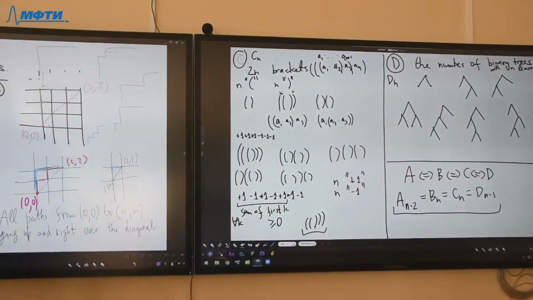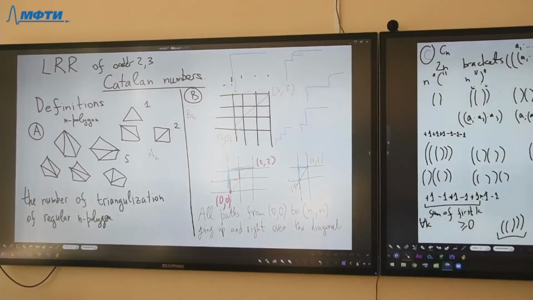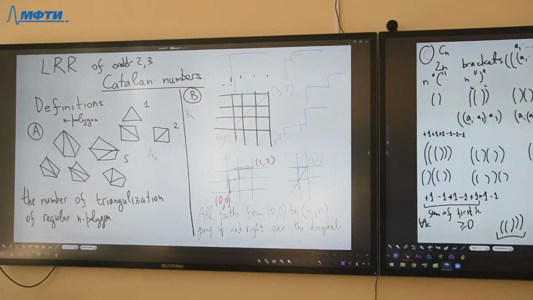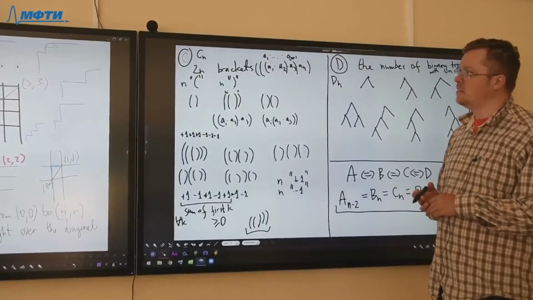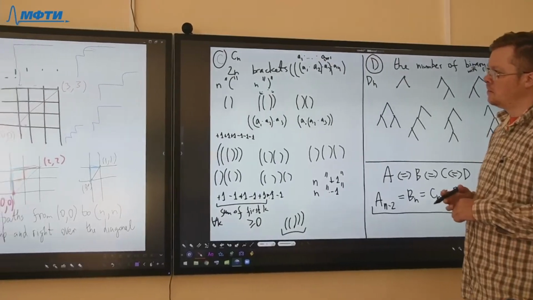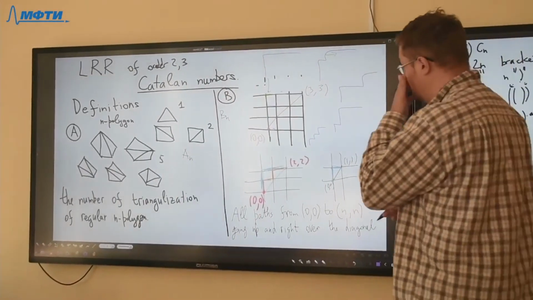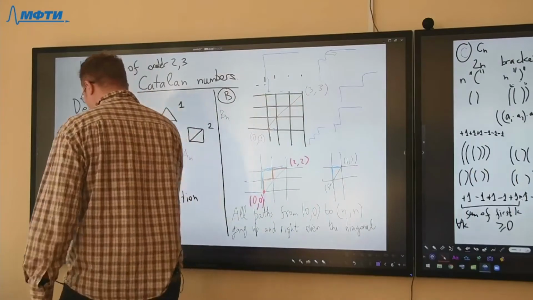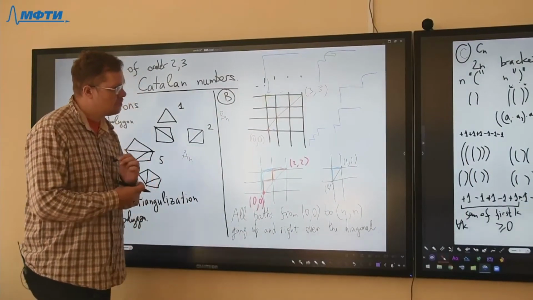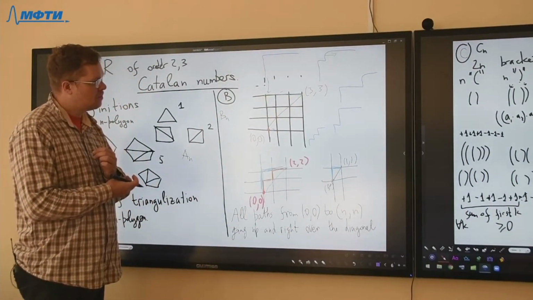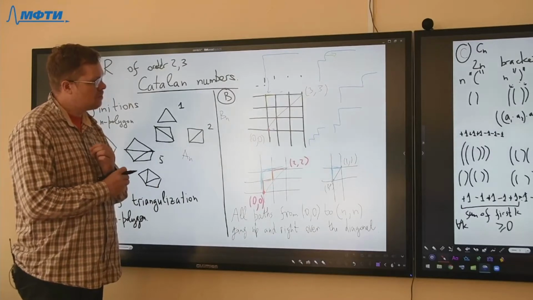It's the number of sequences of brackets. I think the reason that they're equal is because for every up action we take, we also have to take a right action, a right move. Every up move has to have one right move also.